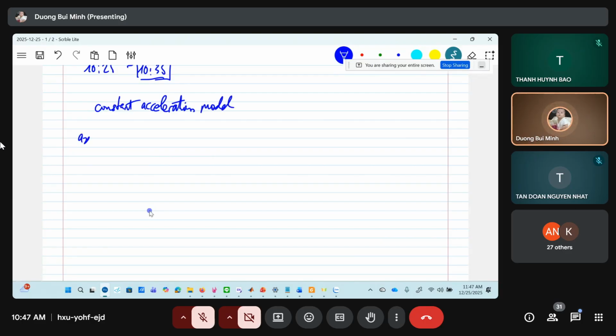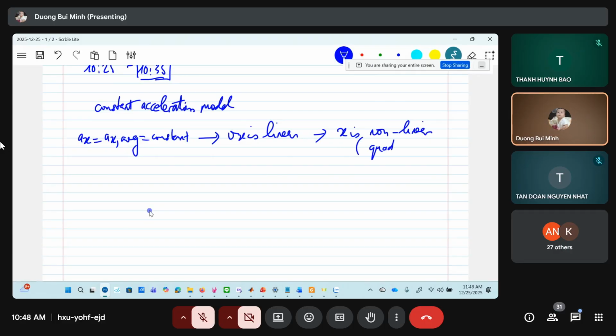Ax average is constant. That means Vx is linear and x is non-linear, or we say a quadratic equation.